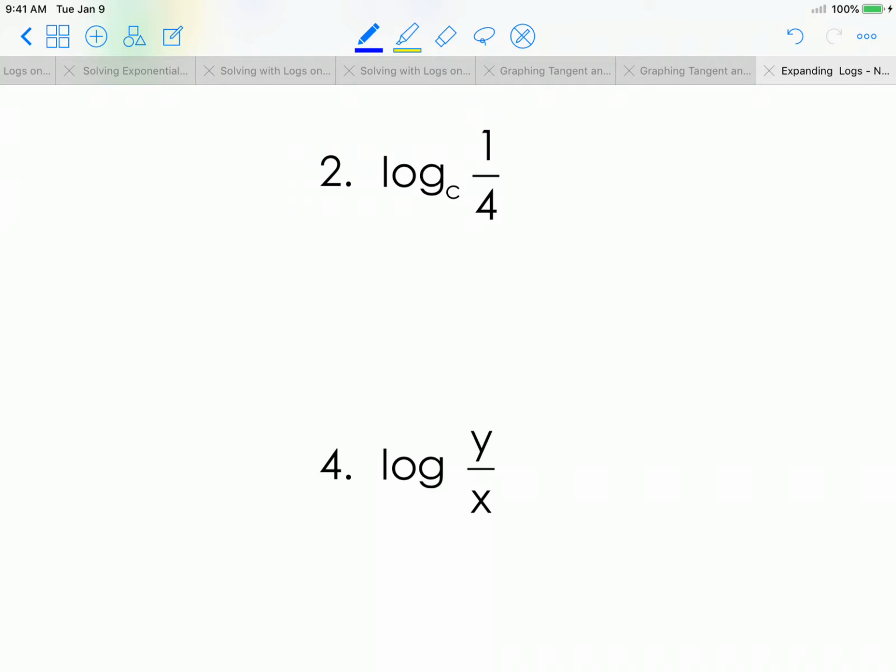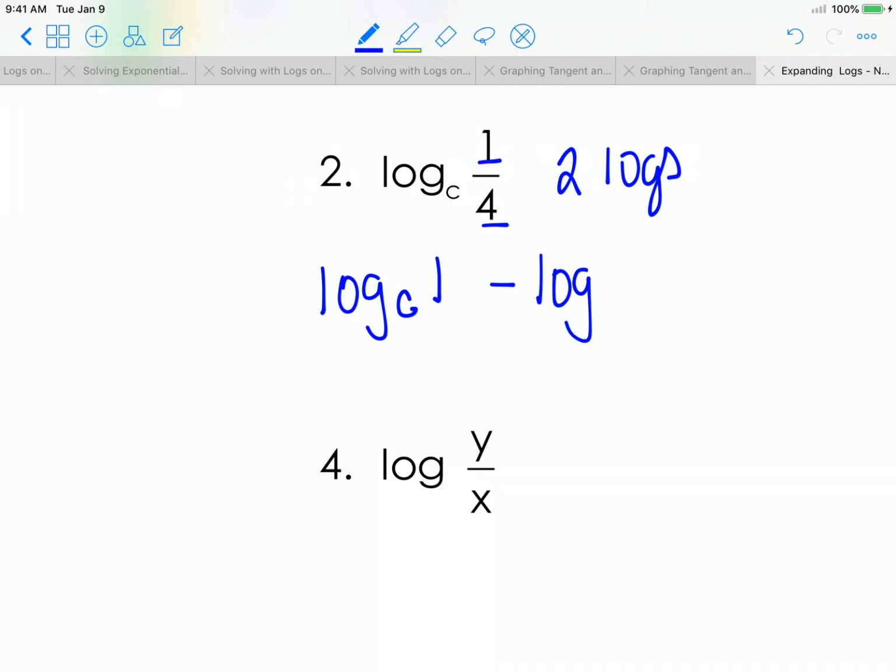Okay, let's do some more and see if we can get the hang of this. So how many numbers do we have here? 1, 2, so we're going to have 2 logs here. So we're going to do log base C of 1 minus log base C of 4.